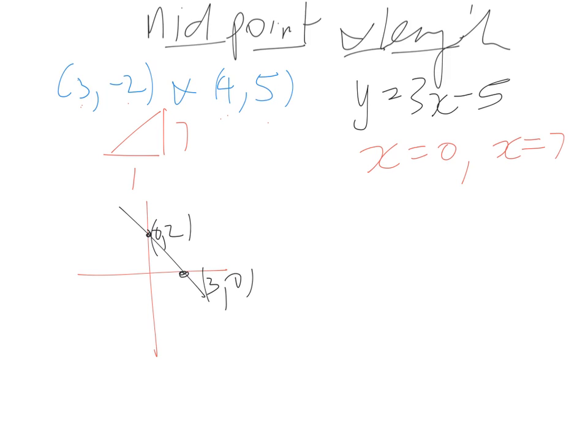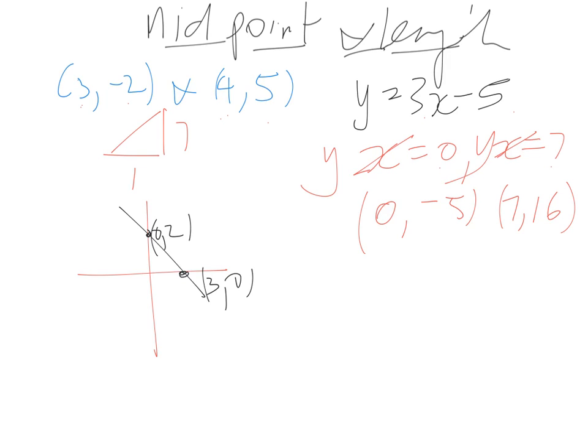In which case, they would have to substitute both of these values in here to get y values. So we'd have 0 and -5, and then 7 and 16. And then once again, they'd find the distance. But that's something else you can do. Alternatively, you can say when y equals those values and get them to do it that way.